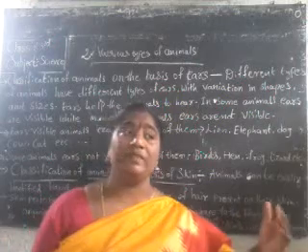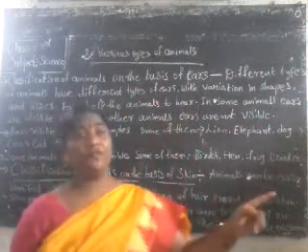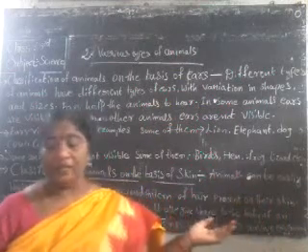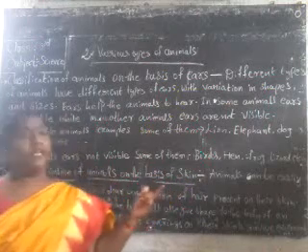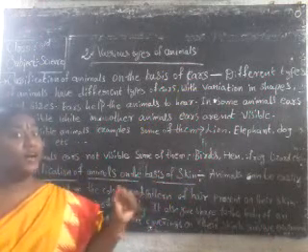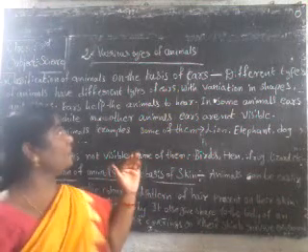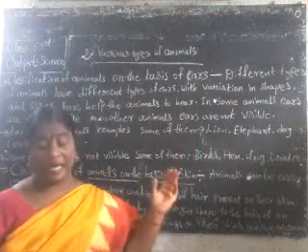When we see the animal, we can identify it: is it an elephant? And that is a dog. On what basis? Ears. So we classify animals on the basis of ears.